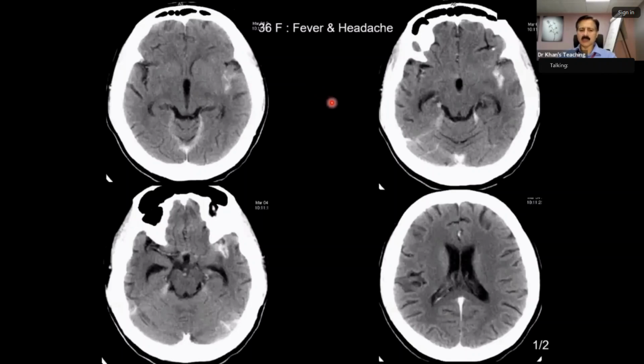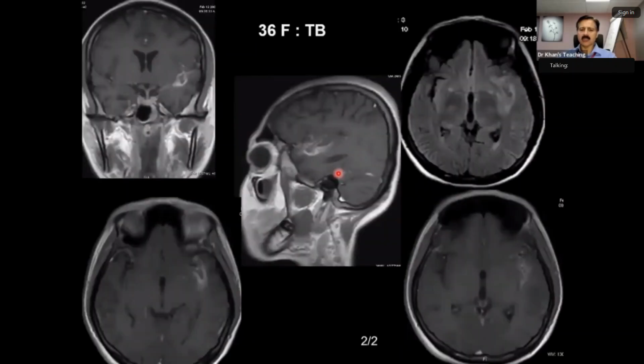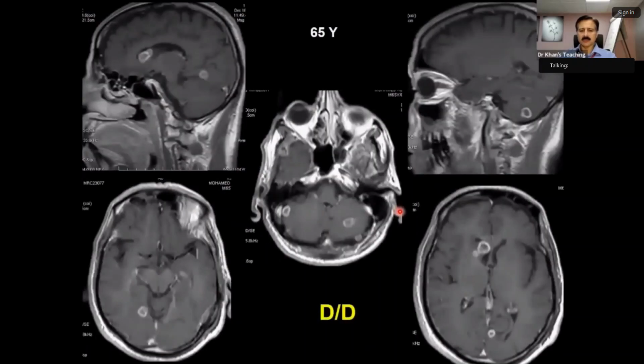This is on a CT scan, and you can see enhancement here of the pia mater. This was also TB. This is post contrast, and this is a FLAIR which has high signal, and when you give contrast it enhances. So nothing new in this case.